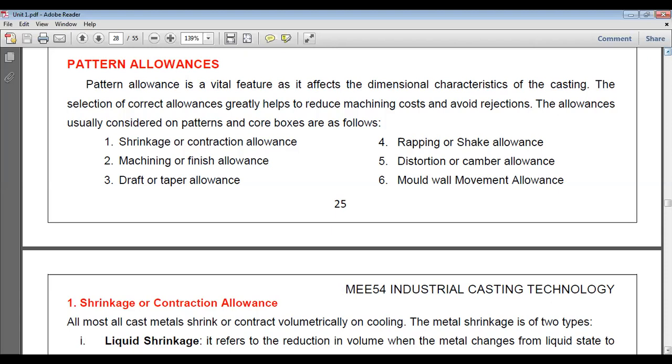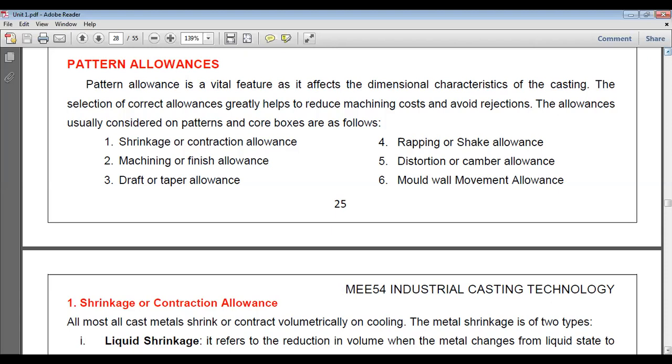So what will happen at the time of solidification? At the time of solidification or cooling, the metal shrinks. So we have made a pattern of 10 mm, and the shaft will shrink and will be 9 mm or 9.5 mm.